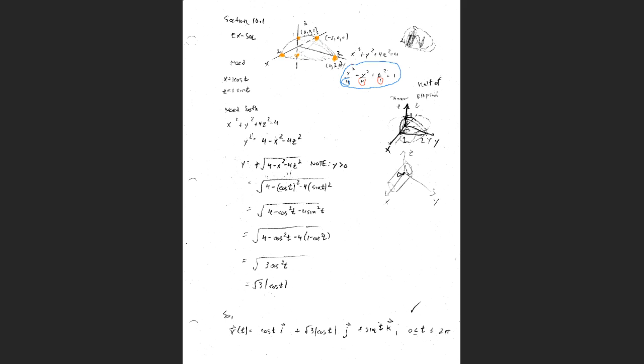What was the cylinder equation? Hold on. Okay, the cylinder had equation x squared plus z squared equals 1.